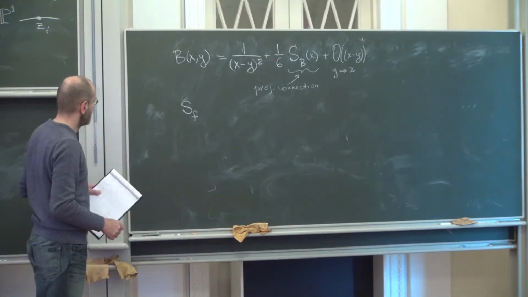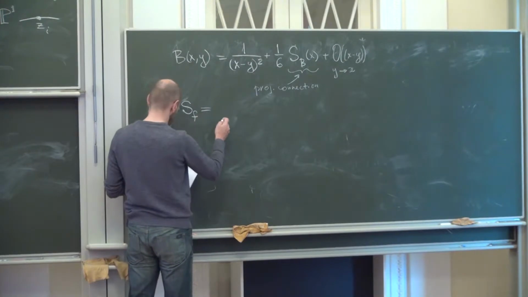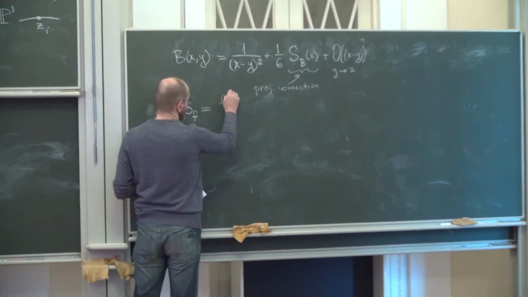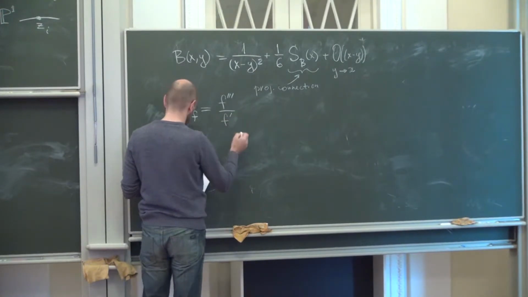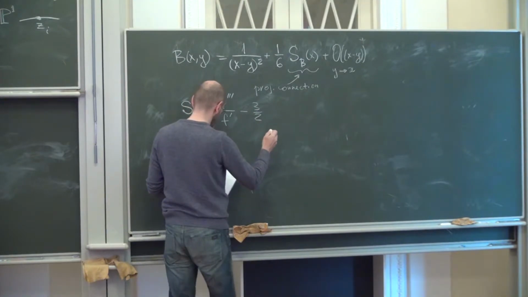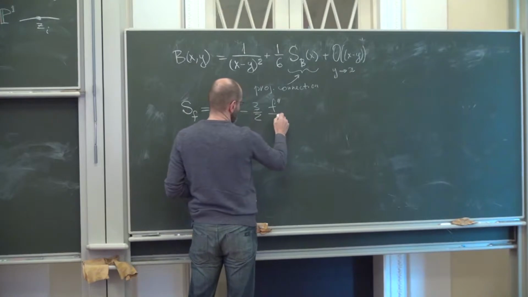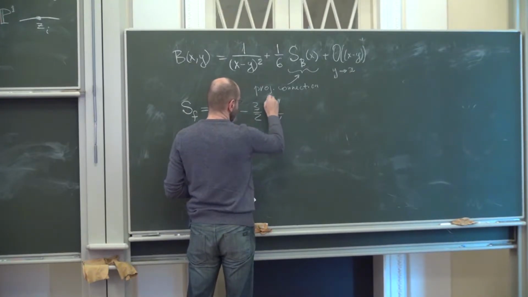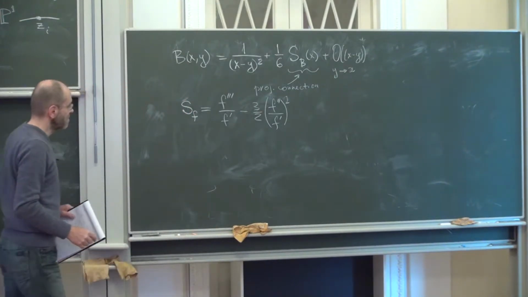of a meromorphic function, and by definition this is the third derivative of f over the first derivative of f minus 3/2 the second derivative of f over the first derivative of f squared. So that's what is called the Schwarzian derivative.